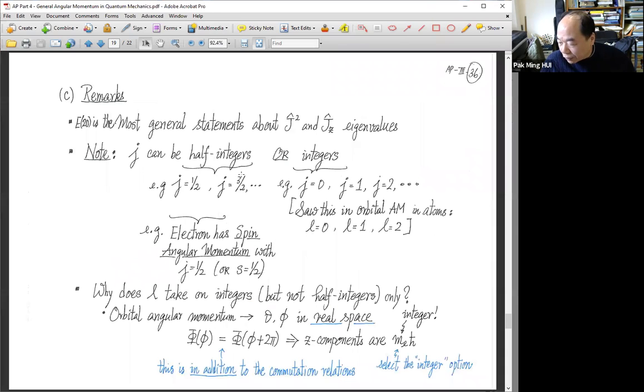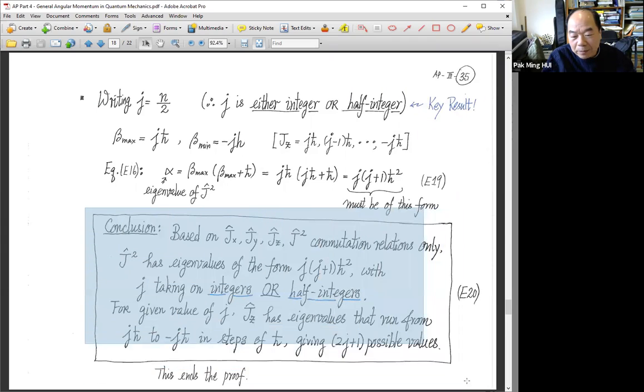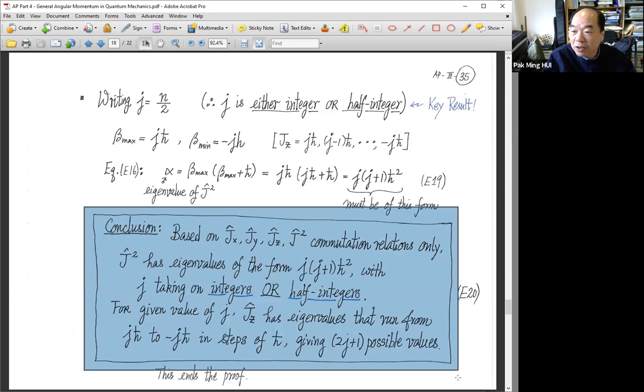So let me continue. The remaining pages are just remarks to make connections to what you learn and to what we will be doing. Okay? Now, first of all, this box is the most general statement about angular momentum in quantum mechanics, defined by the commutation relations only.